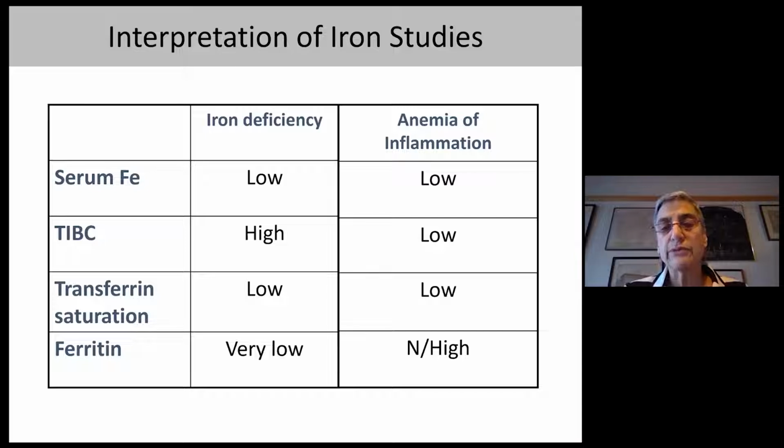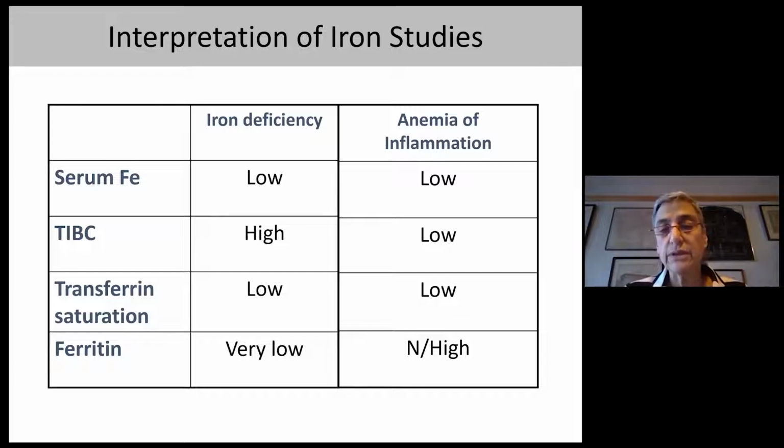It's primarily reflective of the acute setting of the patient, and so it may be very low if the hepcidin level is high. It also can be falsely elevated if the patient has just ingested iron. Patients on oral iron who decide, before they come to get their blood tested, that they haven't taken their iron in a while and take it will have an elevated serum iron.